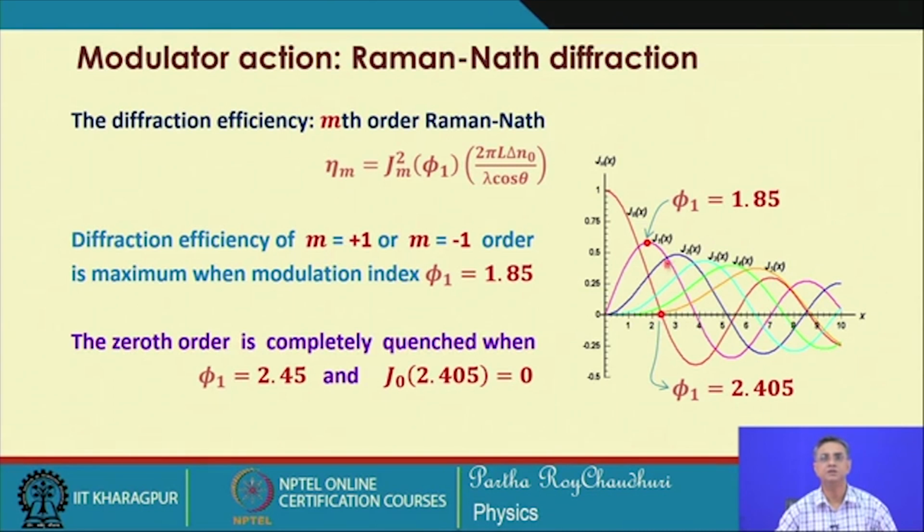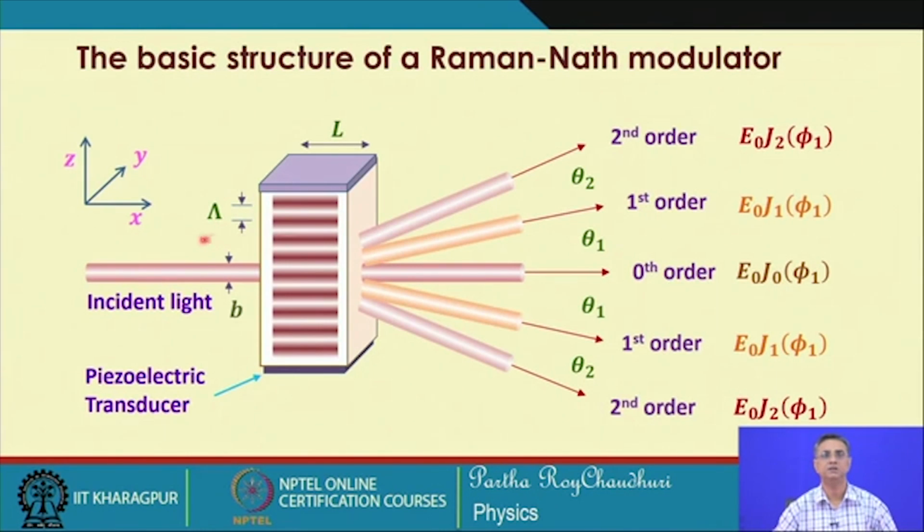So, this tells us that the 0th order is completely suppressed, completely quenched, when phi 1 equals 2.4048, at this value. So, it provides a guideline that there could be two types of modulator design: one using the 0th order, another using the plus or minus order of the diffracted beam. So, we will continue our discussion with this.